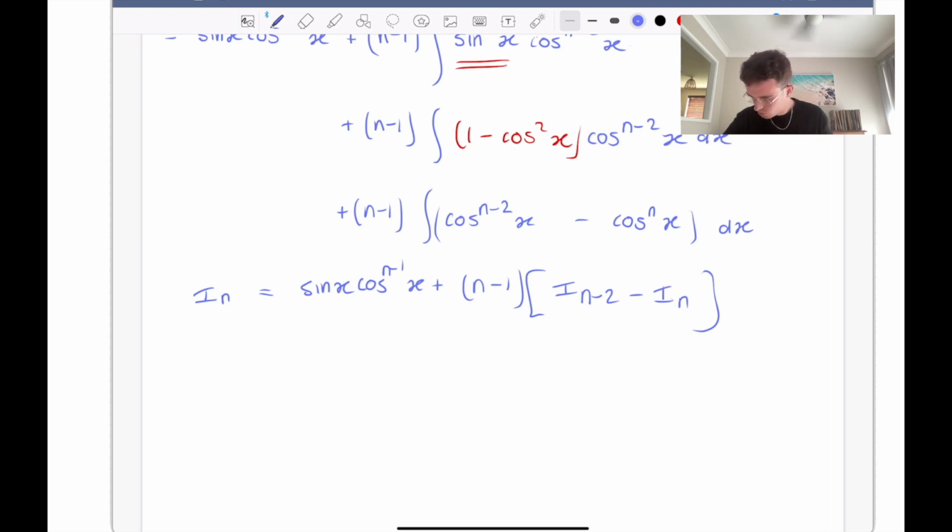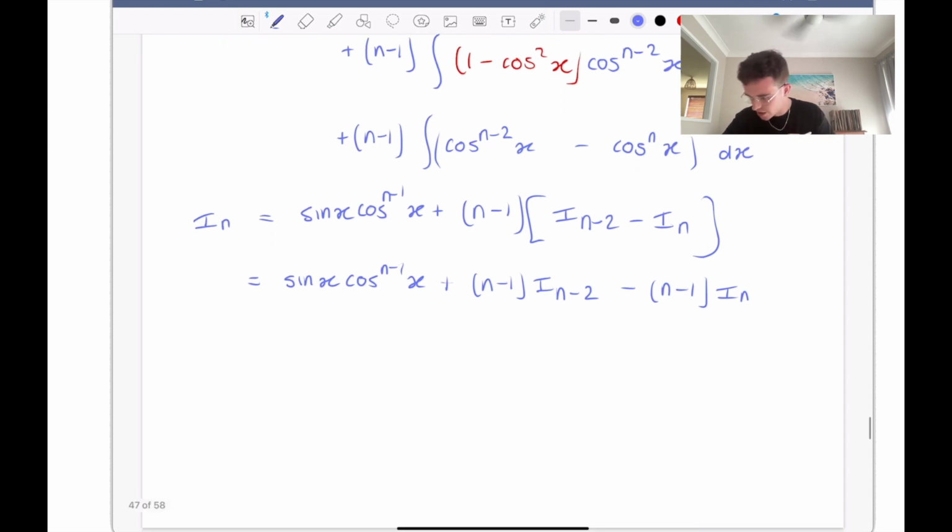Okay, so we might have a go at rearranging this. We might expand some things here. So this is equal to sine of x cos n minus 1 x plus, what have we got? n minus 1 I n minus 2 minus n minus 1 I of n.